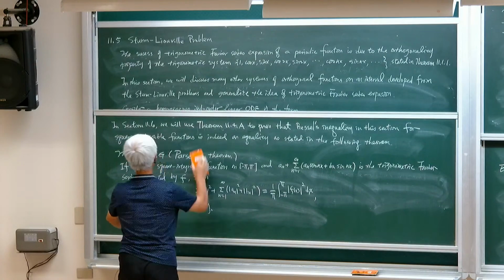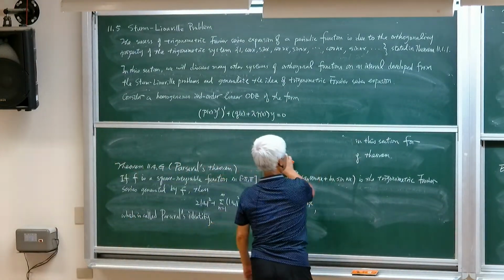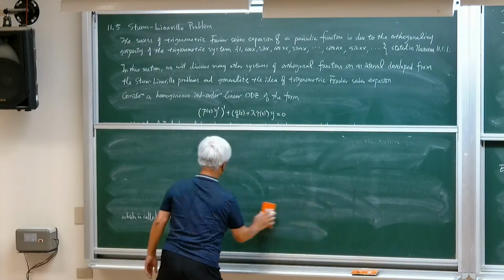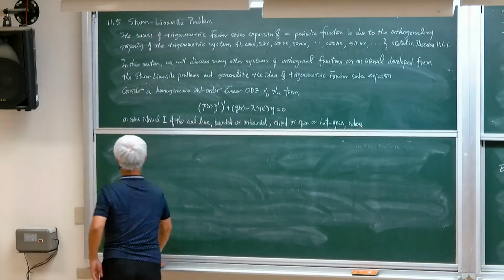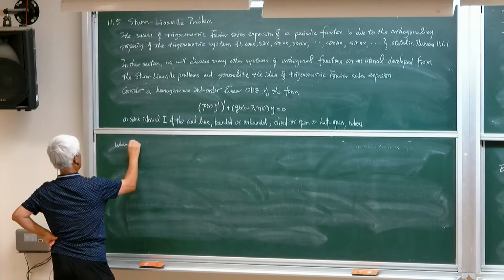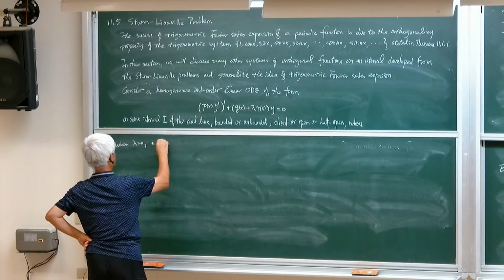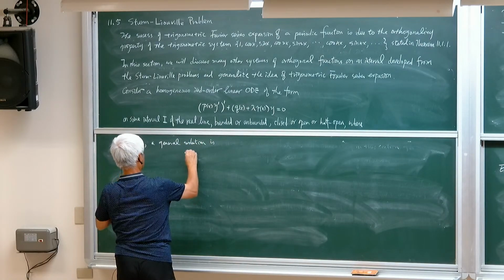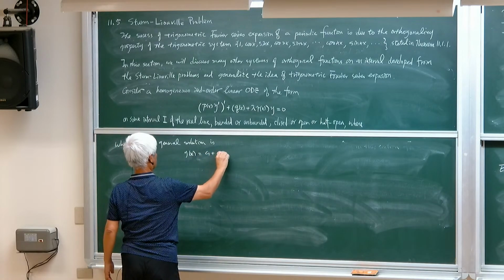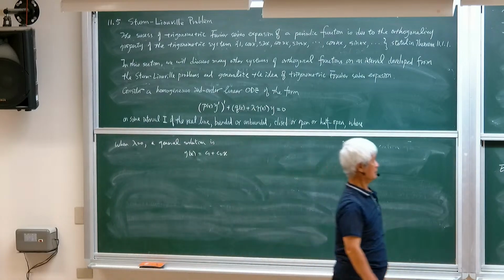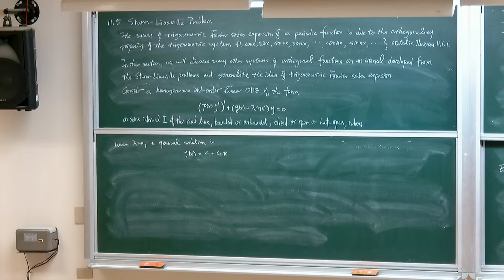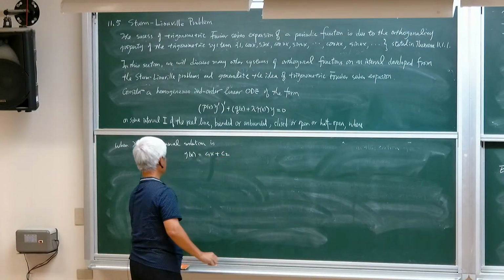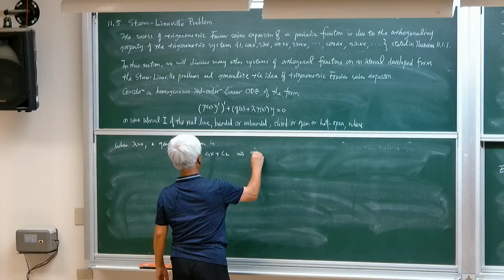Now when lambda is 0, a general solution is a linear function, y equal to C1 x plus C2. So its derivative is equal to C1.